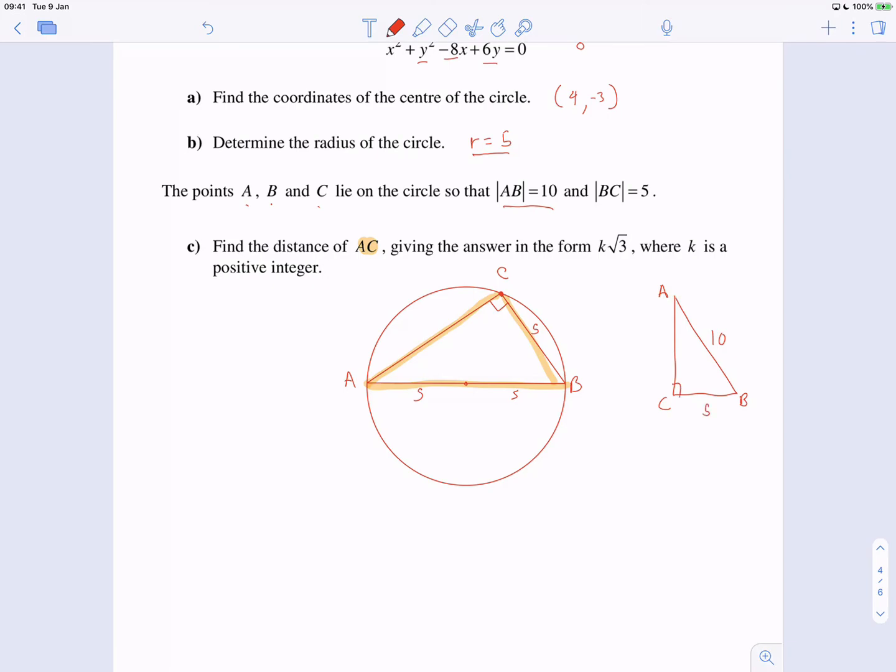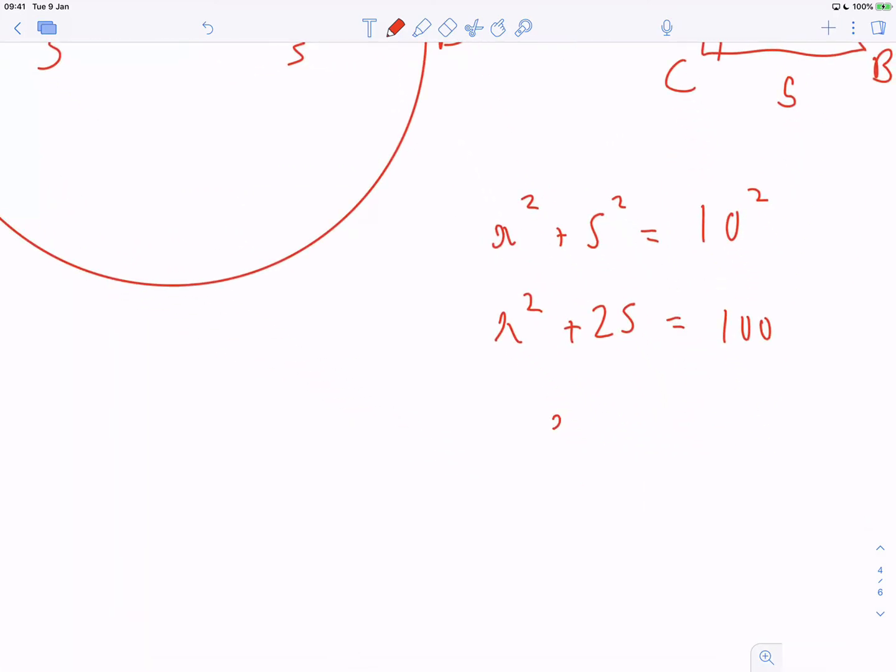Well, clearly, if I call A to C x, then x squared plus 5 squared equals 10 squared. x squared plus 25, 10 squared is 100. So x squared is going to equal 100 minus 25, which is 75. So x equals plus or minus the root of 75, and that's 5 root 3, isn't it?